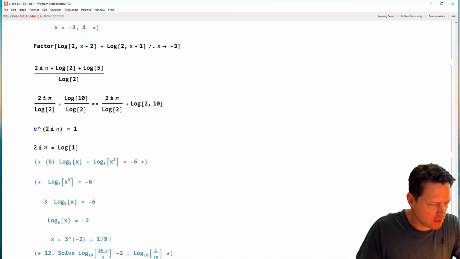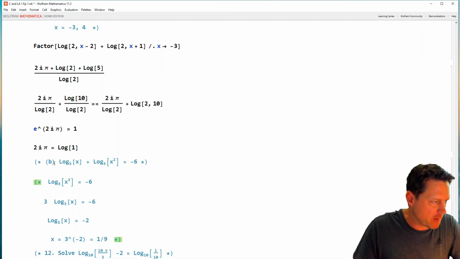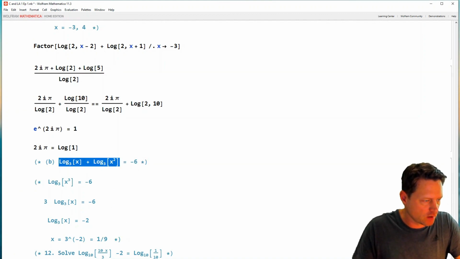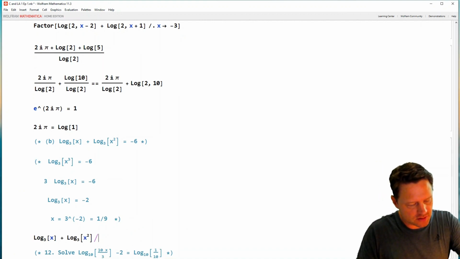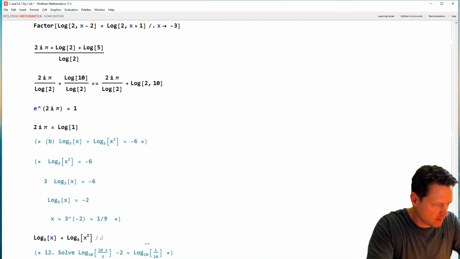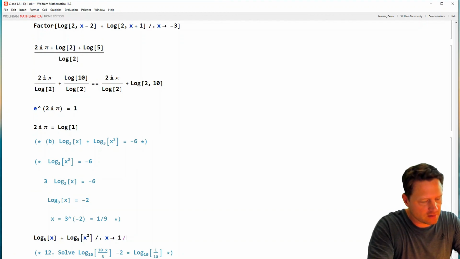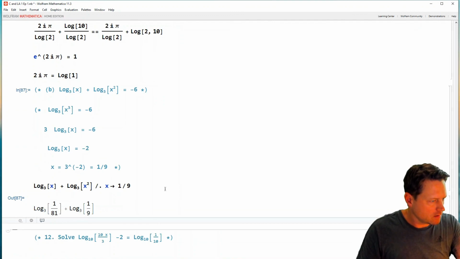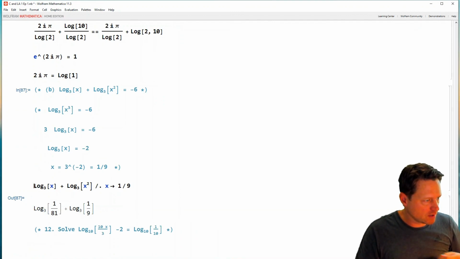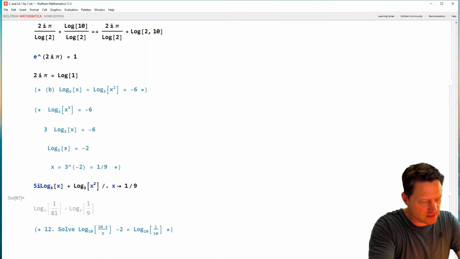Great, good. And so we can also get Mathematica to verify this for us. So you could write replace all, but what I'll do is just put the slash and the dot, and then x goes to 1/9. Okay, great. And then I want to press simplify here. So simplify.